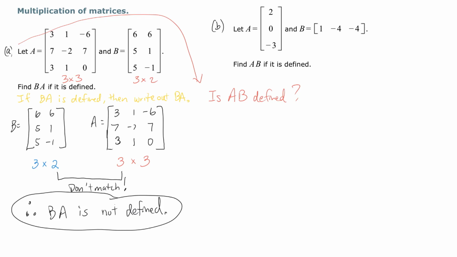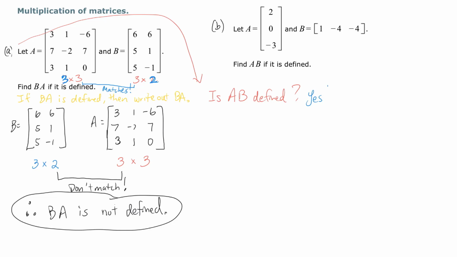And sure enough, it is defined. And not only is it defined, but you also know the size of the outcome. So you want to first check this. That matches. And that tells you A times B is defined.